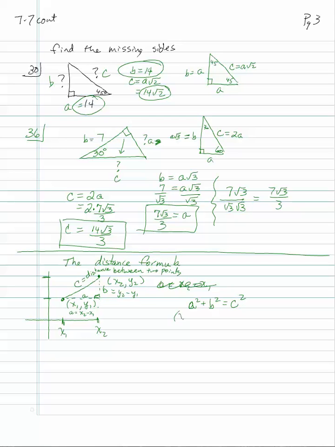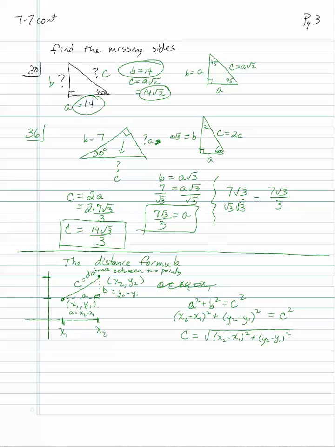We subtract the x coordinates, square it, subtract the y coordinates, square it, and then we square root both sides. So C equals the square root of x sub 2 minus x sub 1 squared plus y sub 2 minus y sub 1 squared.